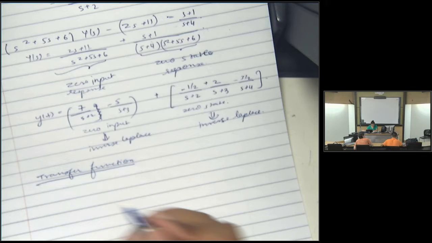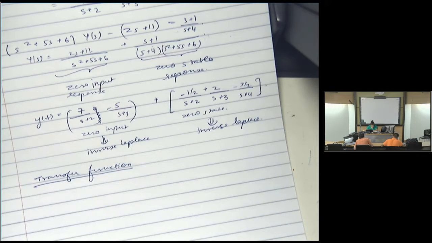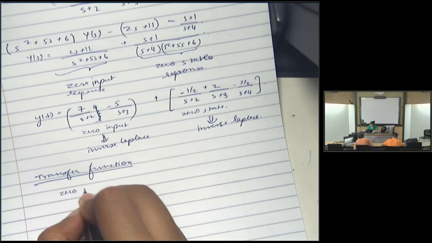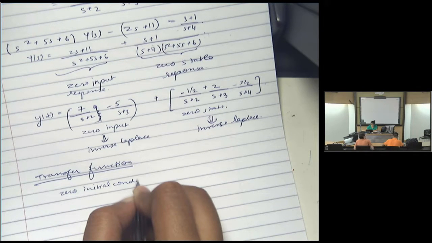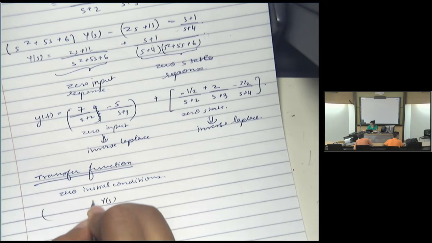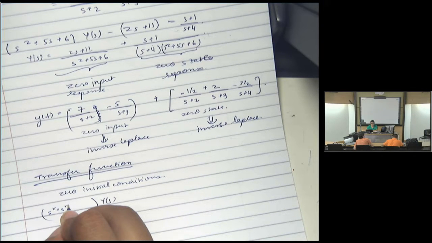Now, when we have zero initial conditions, my polynomial with Y(s) is some power of s, so s^r plus s^(r-1), and so on.